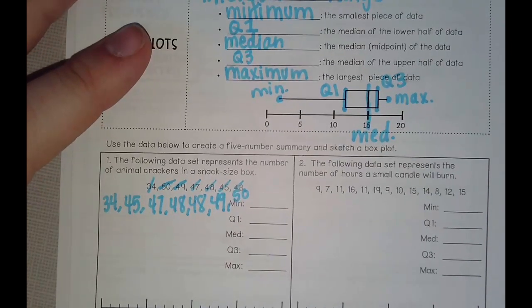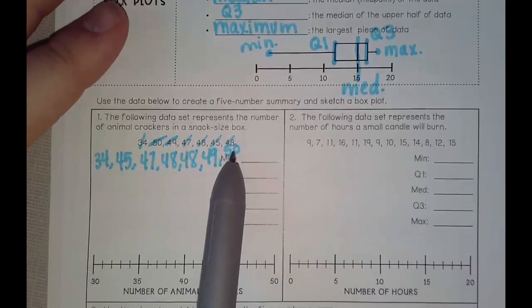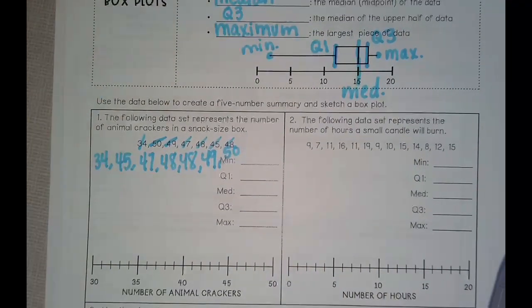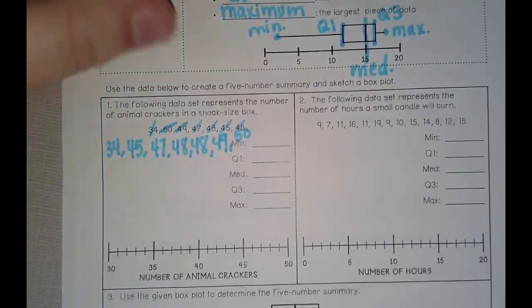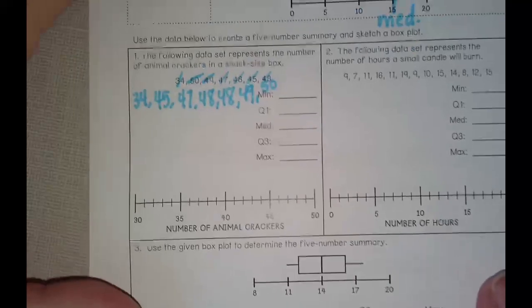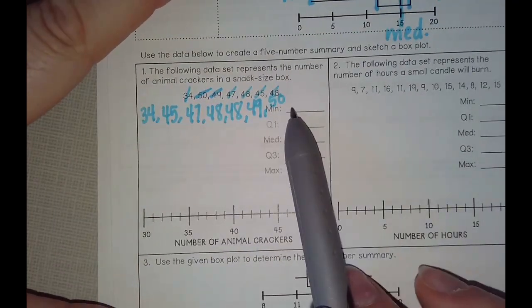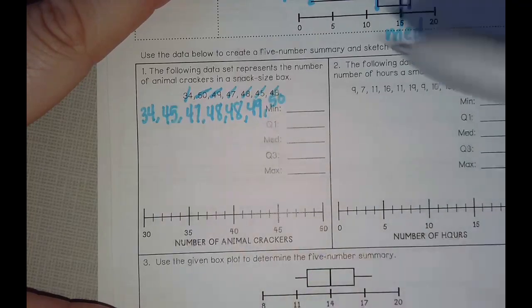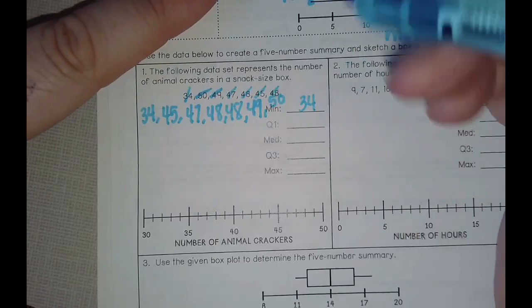All right. So we've got our data in order from least to greatest. The first thing we can do is find our minimum and maximum. 34 is of course going to be our minimum because that's the smallest data point.